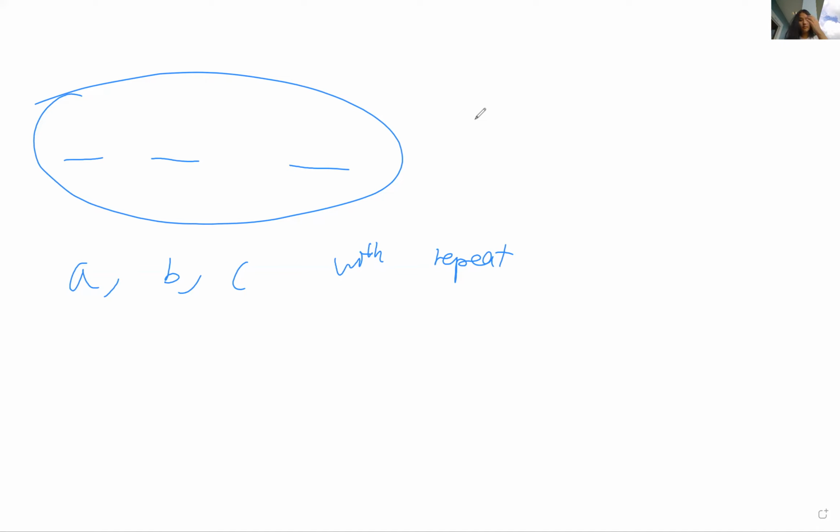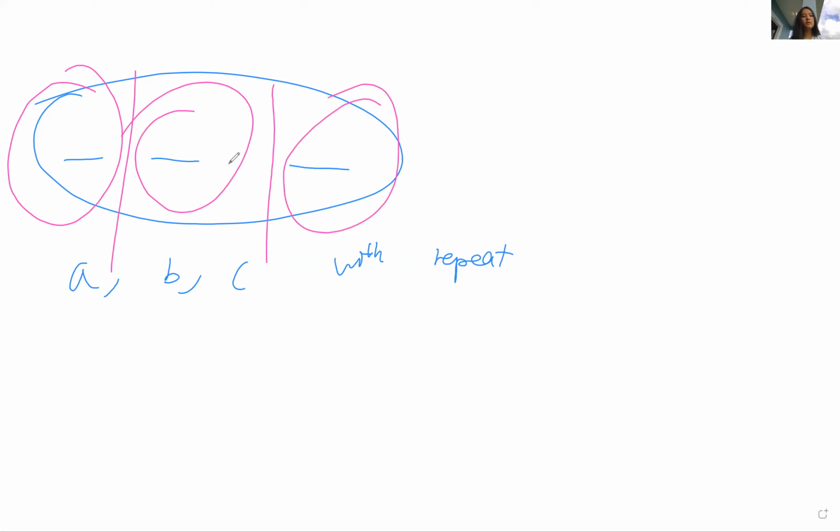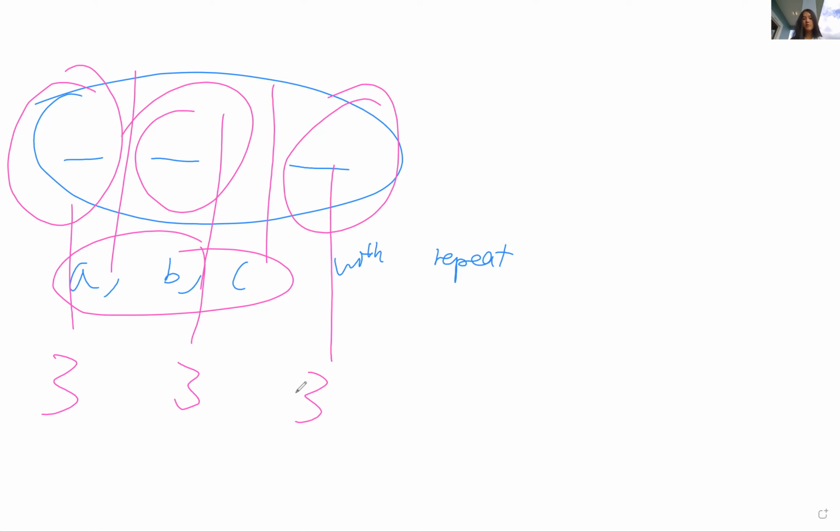What did we really do? We just made it simpler by considering each letter of the 3-letter word. First letter, 3 choices, second letter, 2 choices, and so on. We can do the same thing for this question. The first letter, we know we have 3 choices. The second is still 3 because we can have repetition. And the third letter, still 3 choices. That gives us 3 to the third, which is 27.